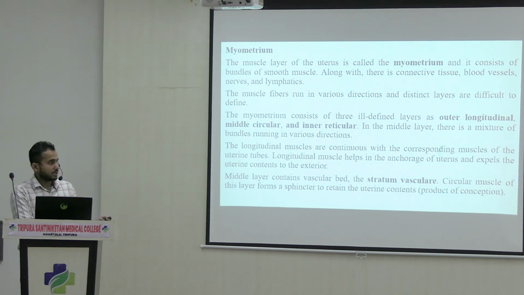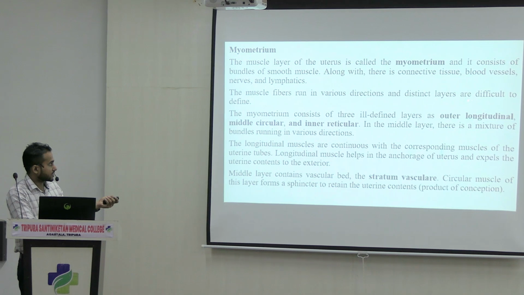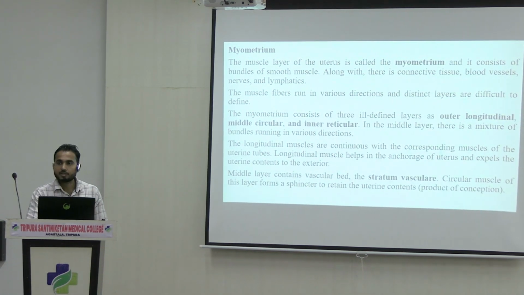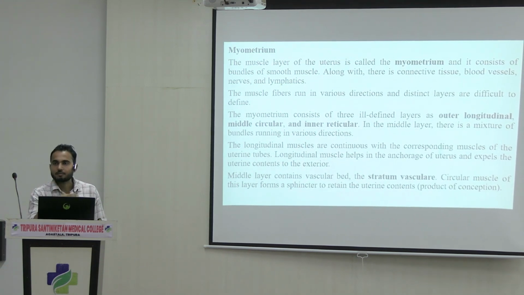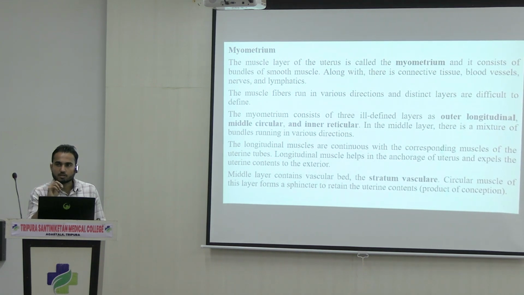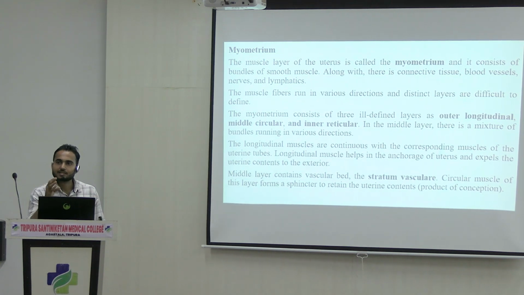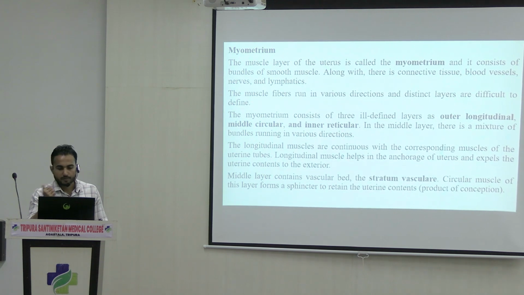Now here the muscles run in various directions and distinct layers are difficult to define. That means in uterus, bundles of smooth muscle fibers are there, but the arrangement is not particular. Definite arrangements are not there. That's why the layers are present, but they are ill-defined.